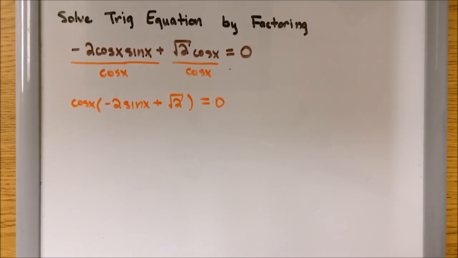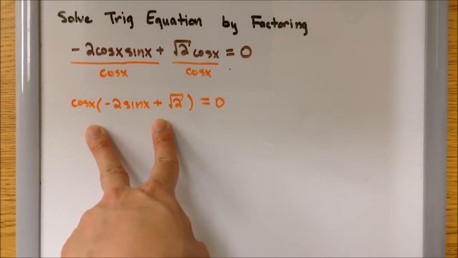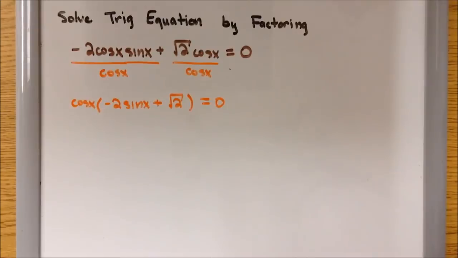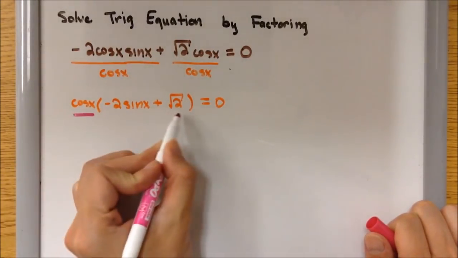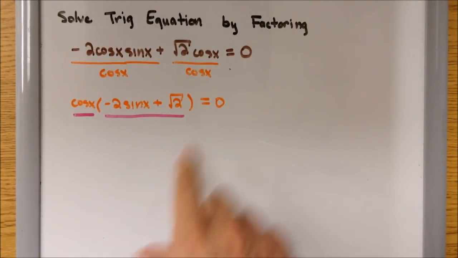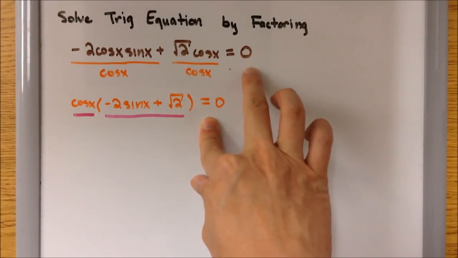So once I finish factoring out the common factor, undistribute the common factor, pull away the common factor, and you have something like this, we're going to set both factors. Here's your first factor, here's your second factor. We're going to set both of them equal to 0 because the whole thing, the original, equals 0.